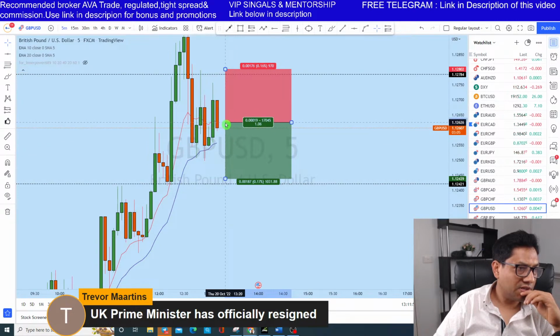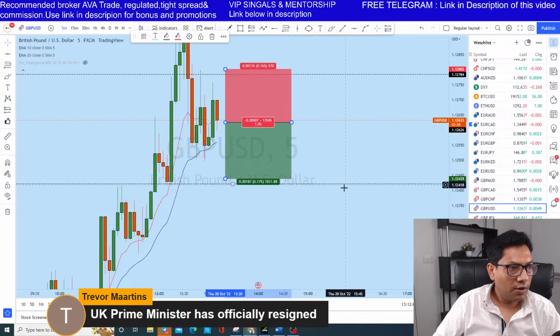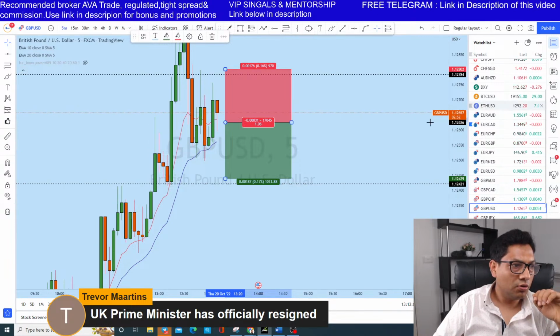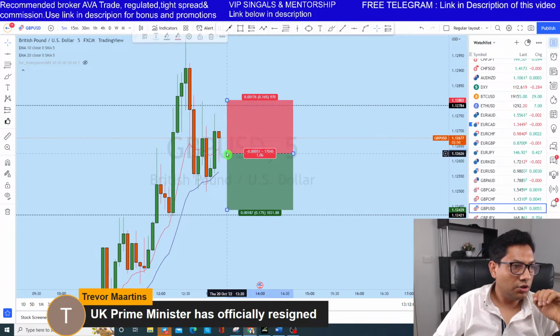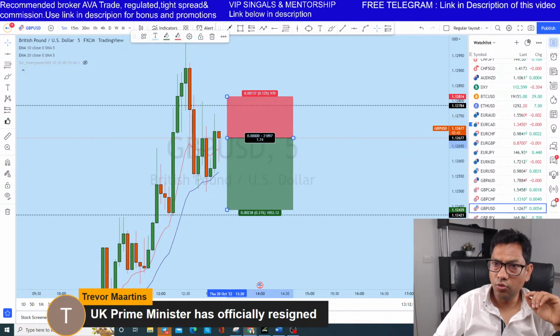I'll do it in my smaller account for a very short term. GBP is going up, let it go up. I'll tell you when I'm going to take this trade, and then we'll see how I'm doing it.